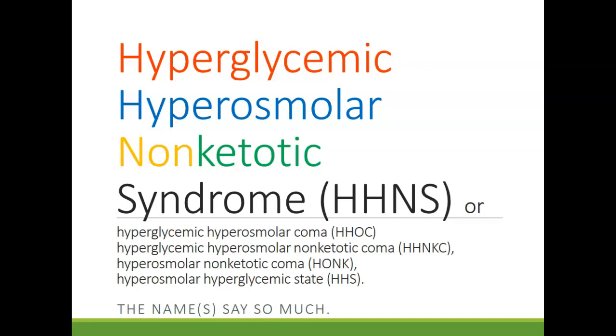Hyperosmolar, that right there is telling you that the patient's going to have a high osmotic level, which should right away say to you, oh my God, they are probably going to be dehydrated. Nonketotic. That is super important to know because this person is not creating ketones. So therefore, they are not going to be in metabolic acidosis. See, you can learn a lot by just understanding the name of a disease.